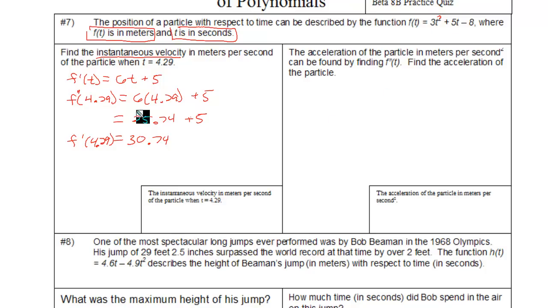When you label this, it's real easy. This is a slope. Remember, when you have slope, you have the change in y's over the change in x's. Y's have a label, x's have a label. Our y's here are in meters. Our x's are in seconds. So when you label this, it's 30.74 meters per second. F is in meters, t is in seconds.